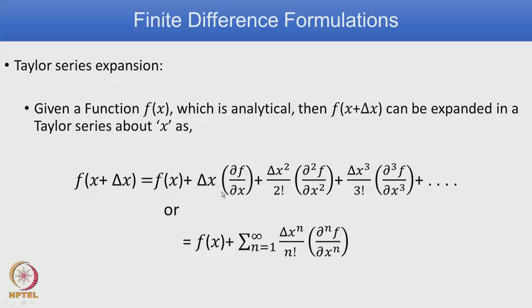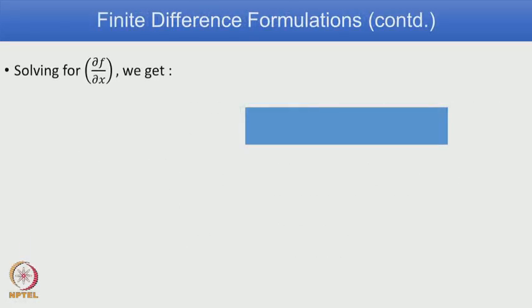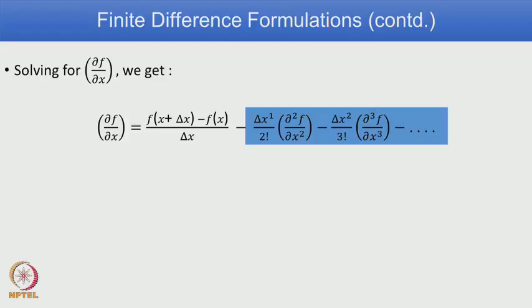As you can observe, partial derivative terms are appearing here: dou f by dou x is the first derivative, then the second derivative and third derivative. If you are interested in only the first derivative, then you limit the expansion here and get a formula. So, if you solve for dou f by dou x, that formula is written here and all other terms are taken to the other side.